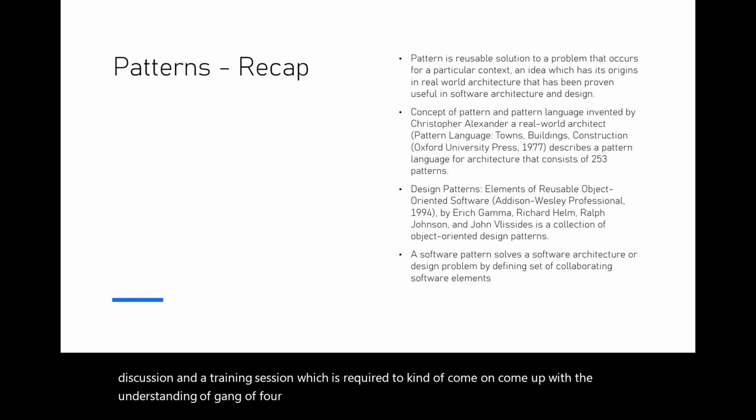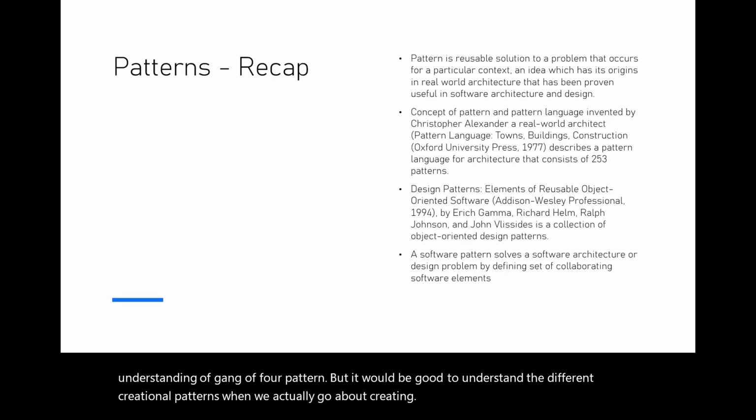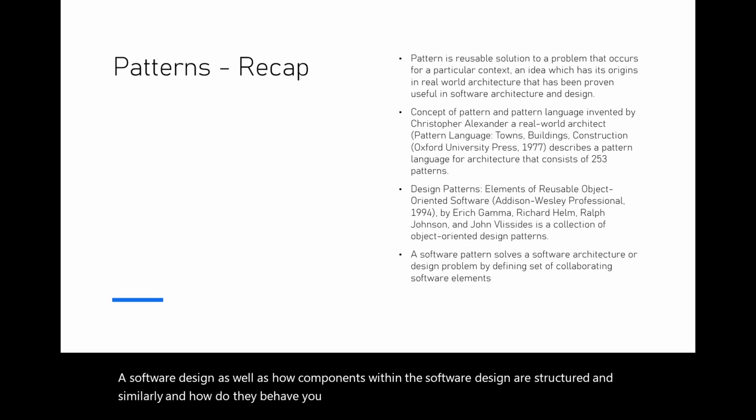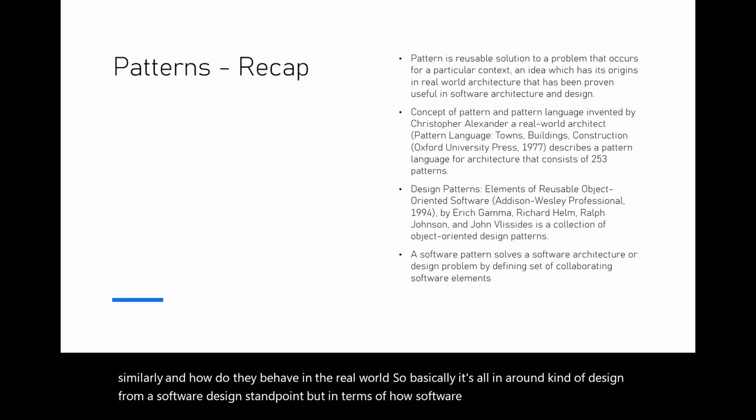But it would be good to understand the creational patterns used when creating software design, how components within the software design are structured, and how they behave in the real world. So basically, it's all around software design, in terms of how software is built and run within an execution environment.